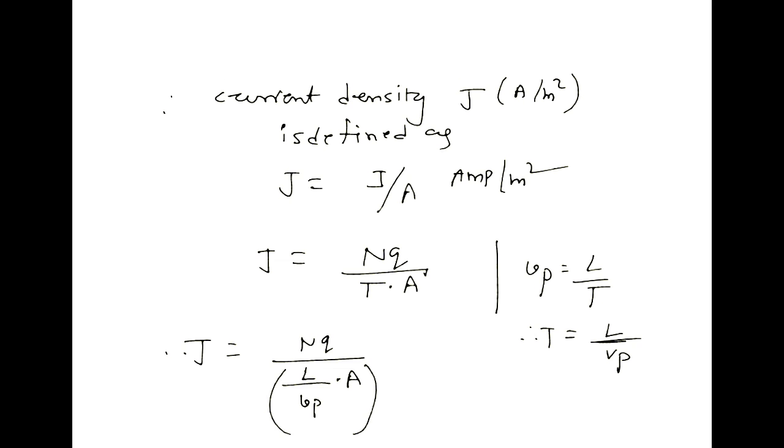L is the length of the material or tube, and A is the area of cross section. So L into A, length into area, is nothing but the volume of the tube or material.